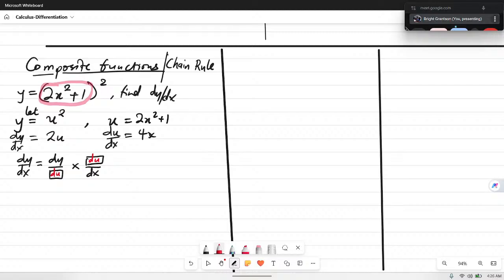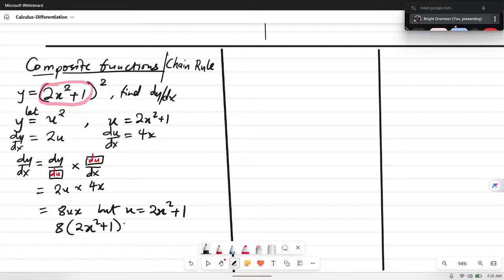Okay. So now let's go and look for dy/du. And dy/du is 2u times du/dx, that is 4x. When you multiply them, you are getting 8ux. But u is 2x squared plus 1. So this becomes 8 times 2x squared plus 1 times x.